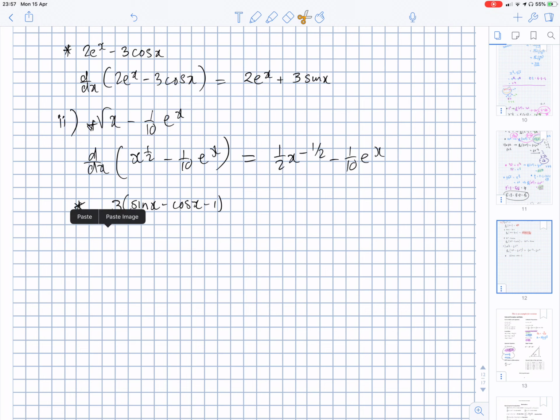So this is d/dx of 3 sine x minus 3 cos x minus 3, because you have to put the 3 inside. So this becomes 3 cos x. This one is minus sine x, so that becomes plus 3 sine x. And that one goes to 0. So you can put cos x plus sine x.